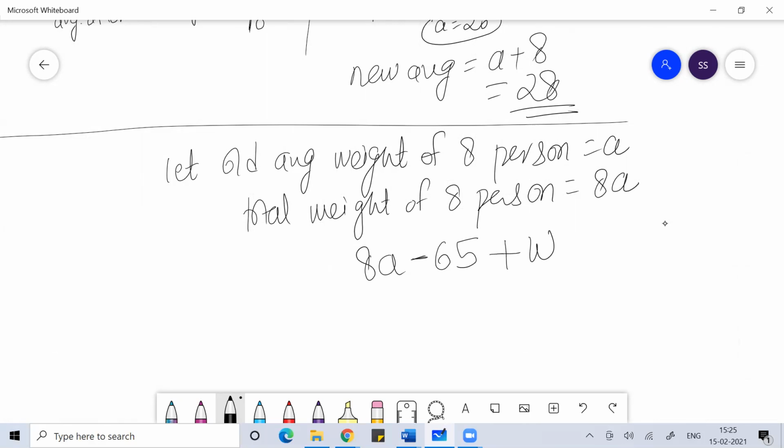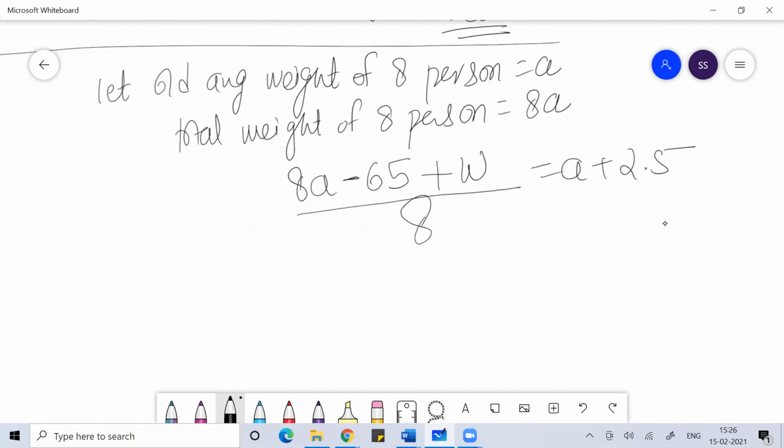Let the weight of the new person be W. Now you have 8 persons, but the average weight has increased by 2.5 kg. So I can solve this.